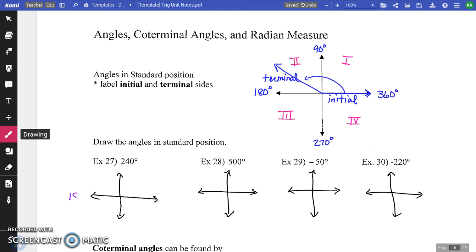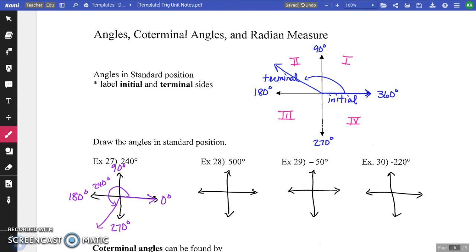Well, this is 180, so you know you're going to be past 180. So start here at 0, 90, 180, 270. Okay, so obviously 270 is too far. So this 240 degree angle is going to be in between 180 and 270. So I'm going to estimate that it's about right there, 240 degree angle.